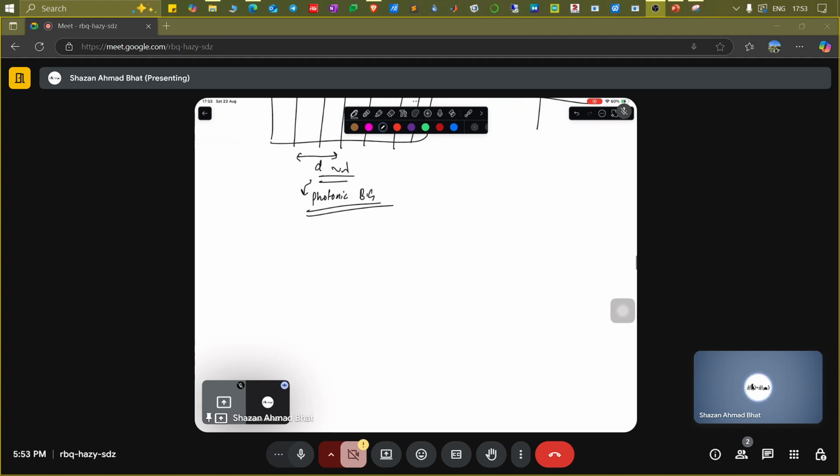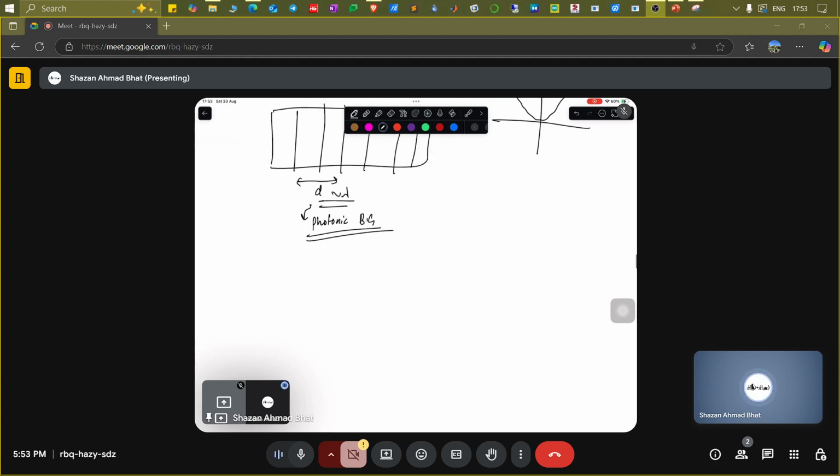You need to consider this effect. That means there will be certain wavelengths of the light that will be rejected, that won't be accepted by the system.